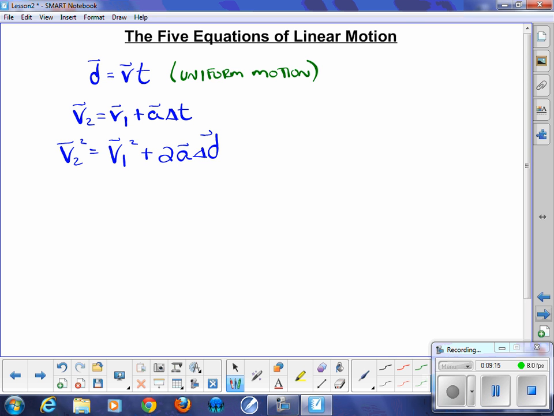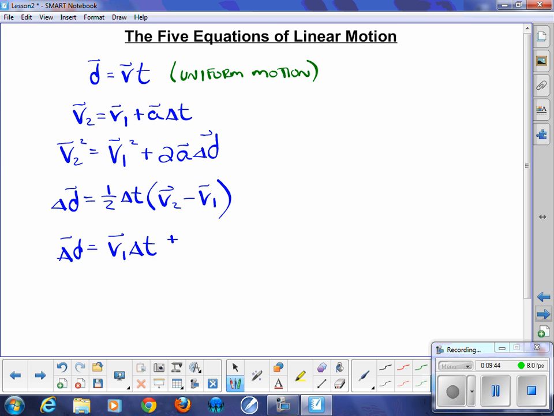What else do we have here? We've got our displacement: delta d equals 1/2 of delta t multiplied by v2 minus v1. Oops, minus v1. And finally, delta d equals v1 delta t plus 1/2 a delta t squared.